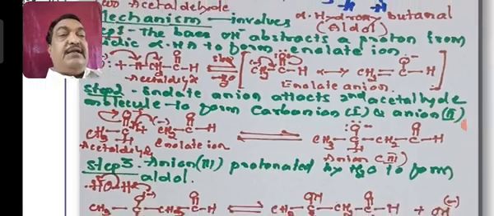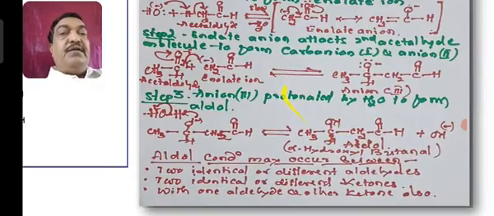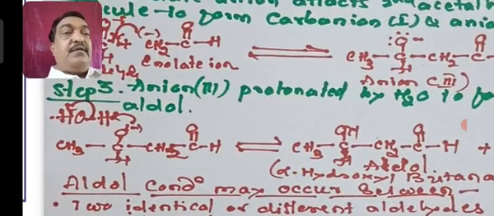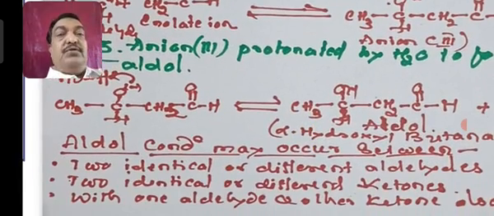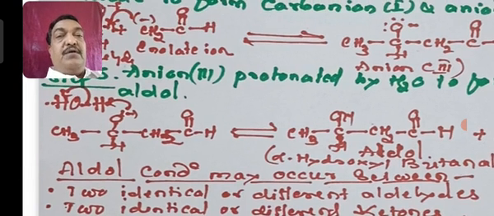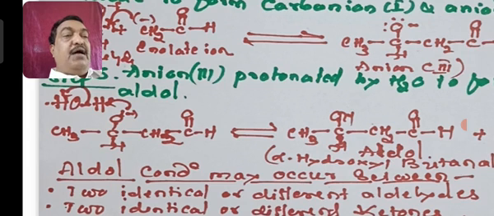Therefore, in the next step, the third step, protonation: the water molecule HOH loses one proton to the oxygen, and OH minus will be eliminated, and you will get your aldol CH3CHOHCH2CHO, that is alpha hydroxybutanal, not butanal, the aldol.